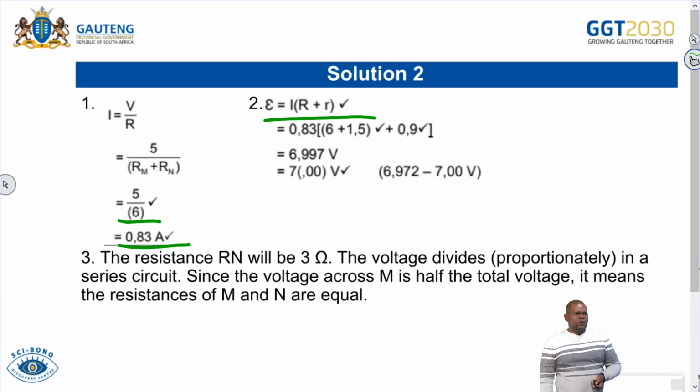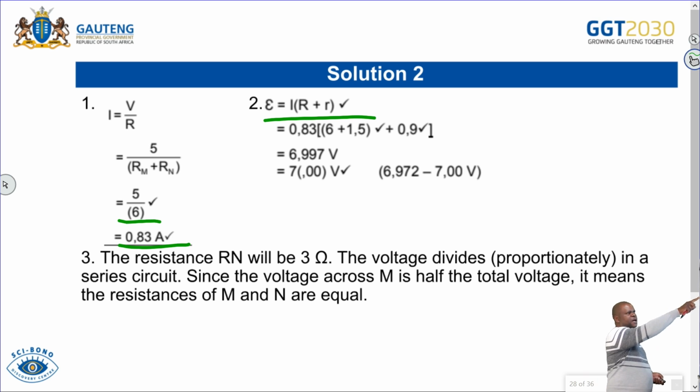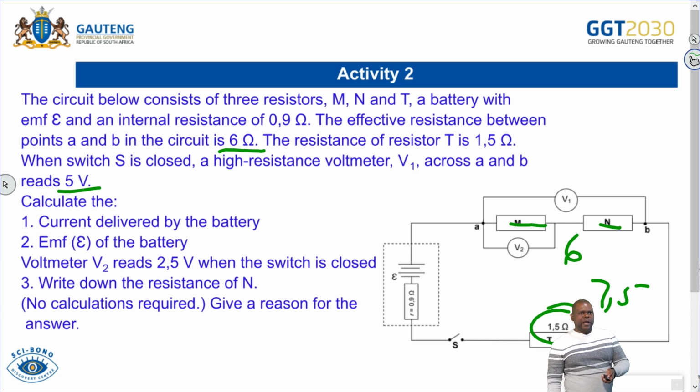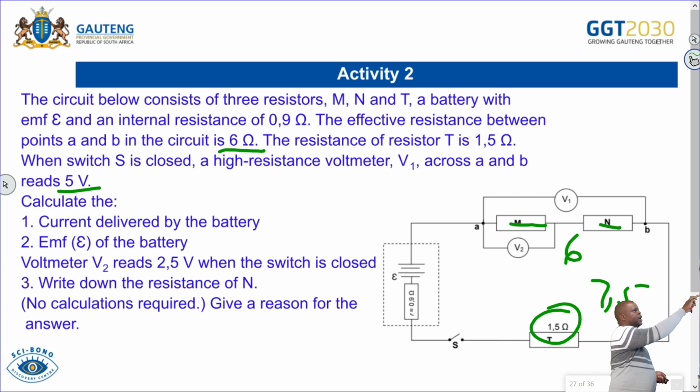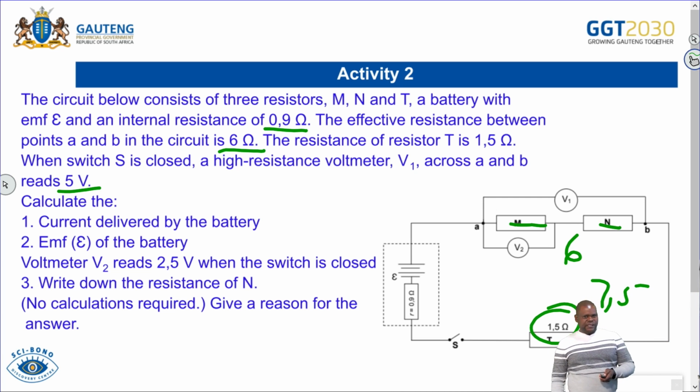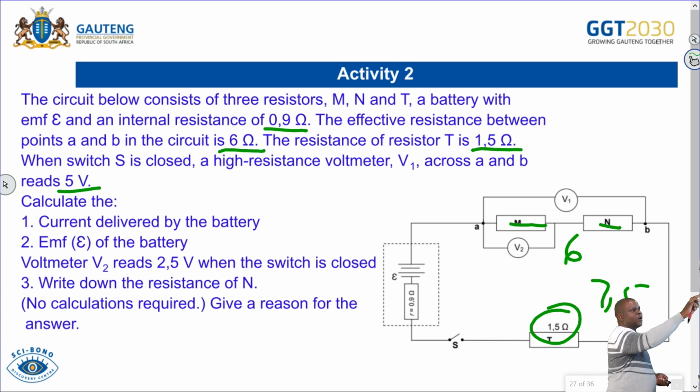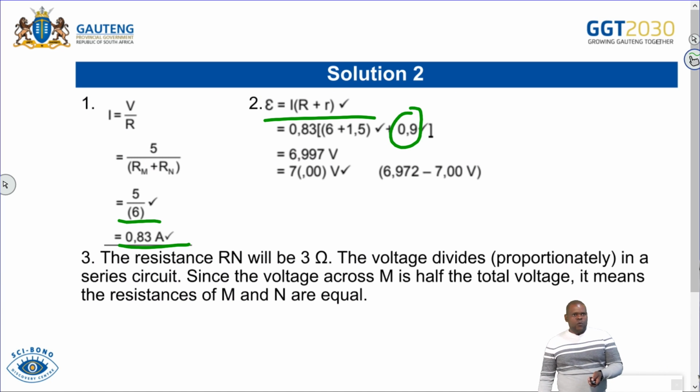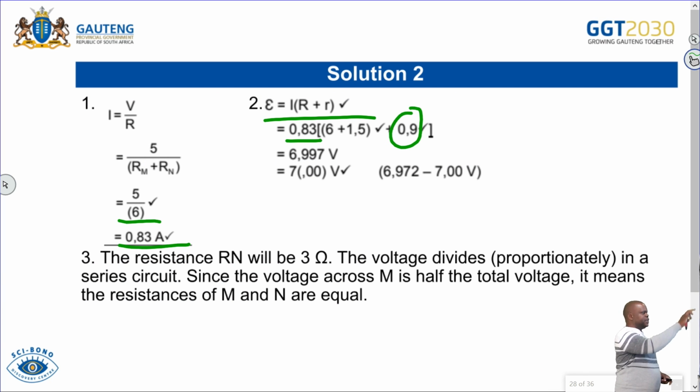That is why when we come to here, we know that 6 plus 1.5, then plus the internal resistance, which is given from us. Here it is. Can you see? For the resistance, we have 6 and we have 1.5. The current that you see here is the one that we just calculated.